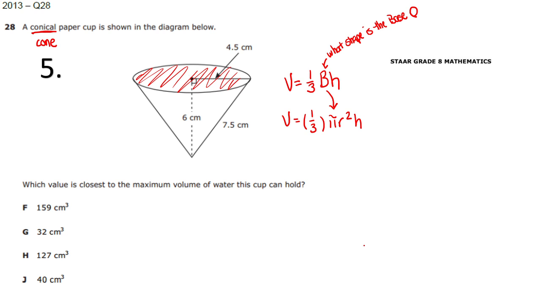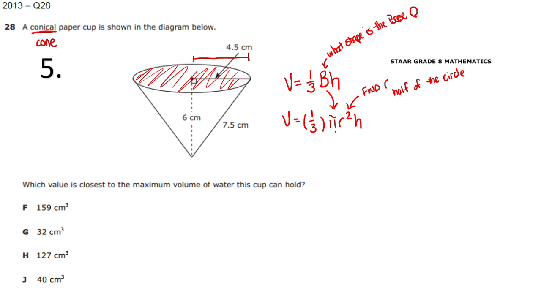Now, the second step is to find r. Now, r is half of the length of the circle, basically, but I'm just going to write circle here. If you notice, this 4.5 does not go the whole way. So do we have a diameter in this problem, or a radius?